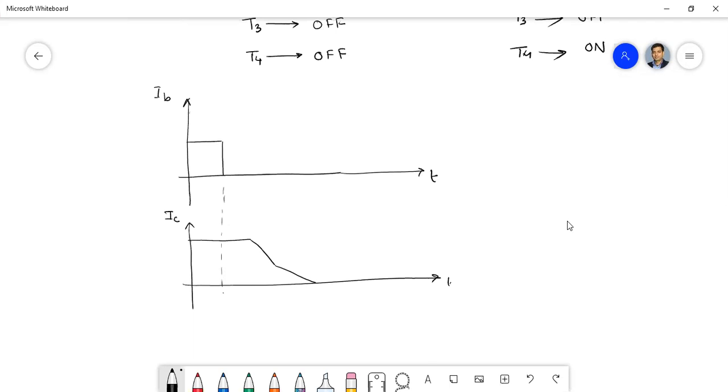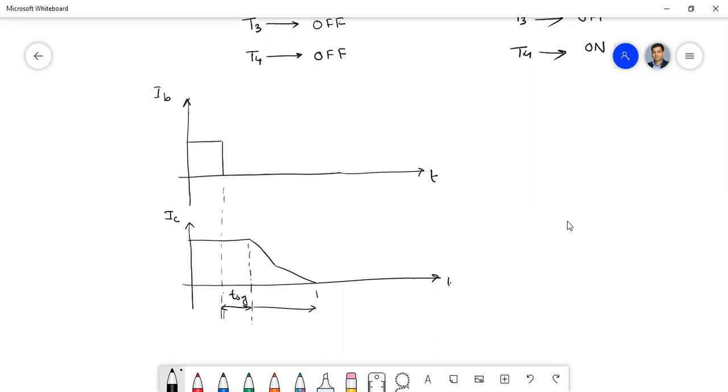Now this time, after the base current becomes 0, it takes some time to reduce itself. That time is called the storage time.